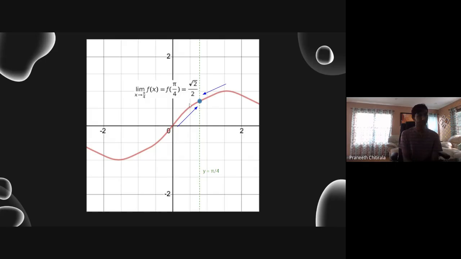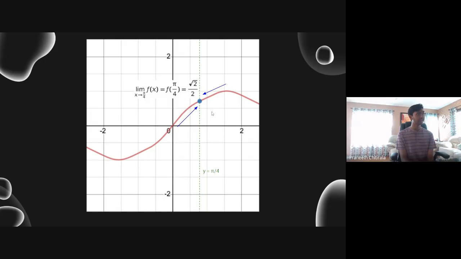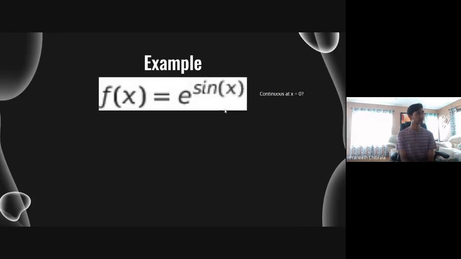The left-handed limit is equal to the right-handed limit. So the actual limit exists. And the actual limit is equal to the function value here itself too. Since they're equal, this function is continuous at x equals pi over 4.